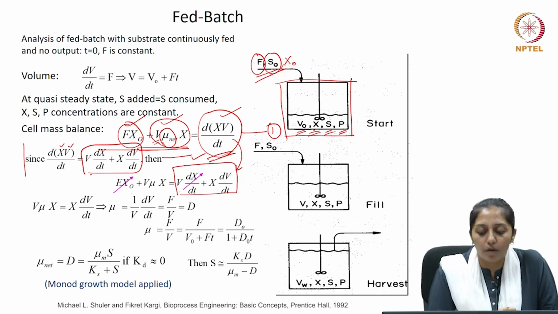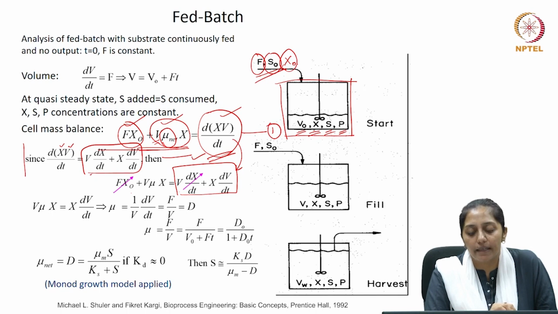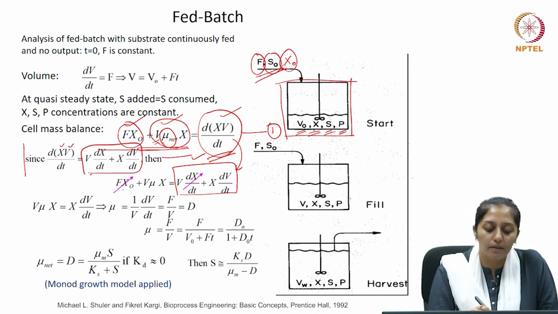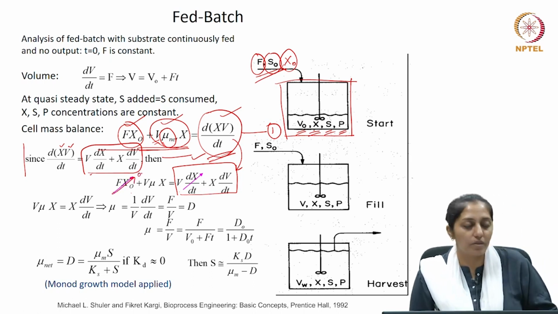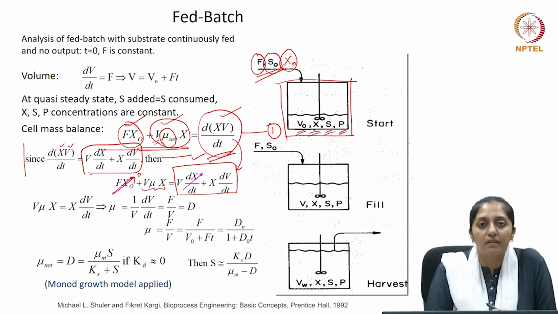Now, x naught, I said, is the biomass concentration in the inlet stream. If we assume that it is a sterile feed, this term will go out because x naught is 0. The second term remains, which demonstrates the rate at which the biomass is growing inside the reactor. Now, here we are assuming quasi steady state.